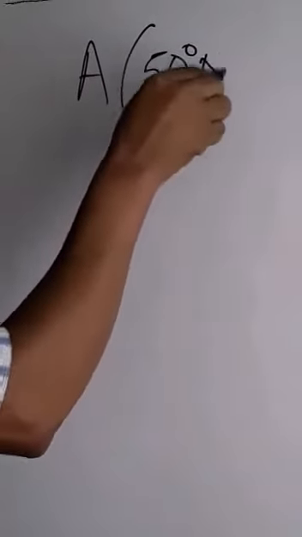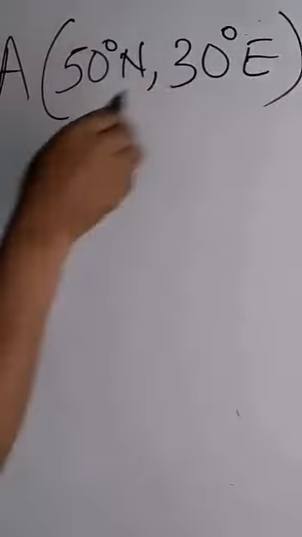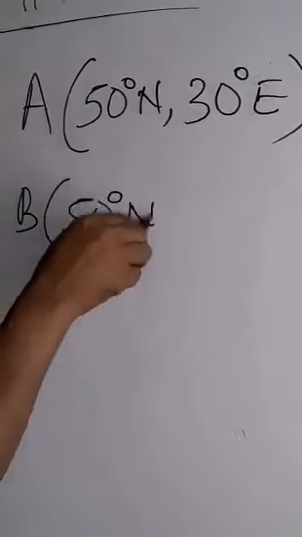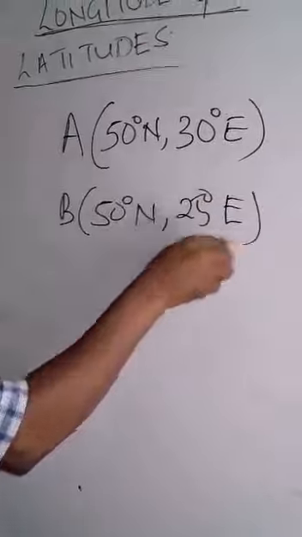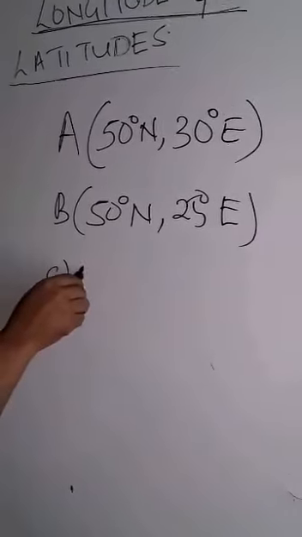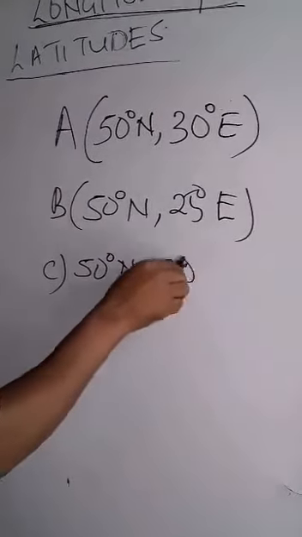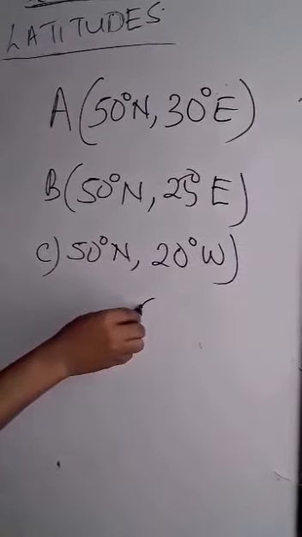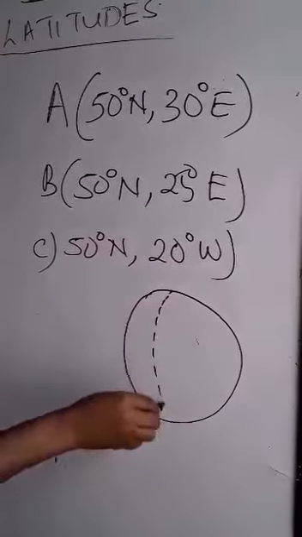Looking at an example, say we have 3 points. Point A is 50 degrees north, 30 degrees east. Then we have point B, 50 degrees north, 25 degrees east. Then we have point C, 50 degrees north and 20 degrees west. Say this is the prime meridian.